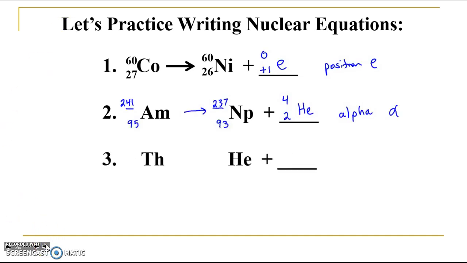Thorium goes to helium. So we know this is a 4,2 alpha. This is another alpha particle. But we don't know what it forms. So let's look at thorium. Thorium is element number 90. We don't know the mass. Okay, but we know that it's going to drop from 90 by 2, so it's going to be element 88.